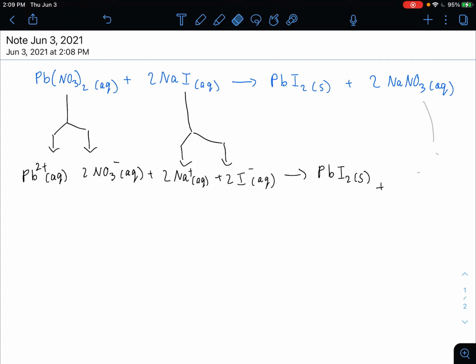Let me clean that up. Plus 2 Na+ plus 2 NO3-, both aqueous. So that's the ionic equation at this stage.